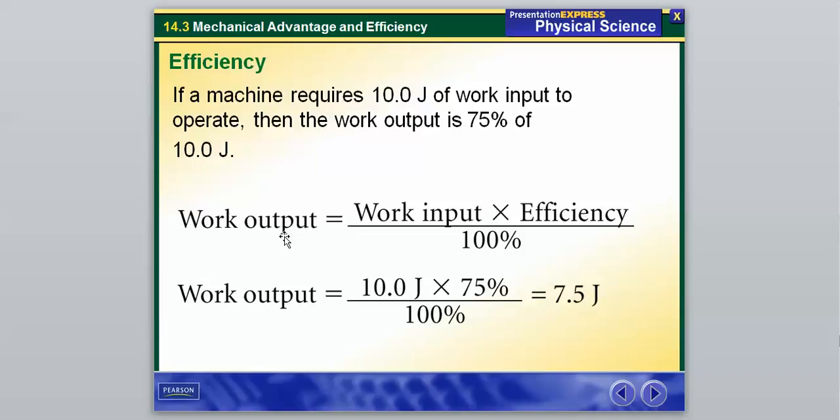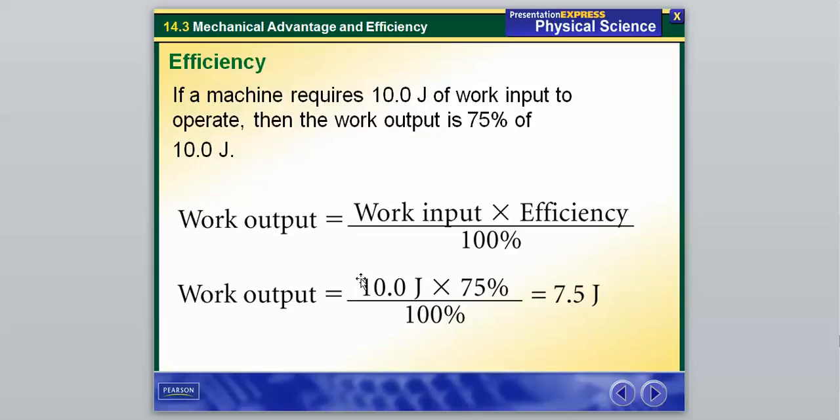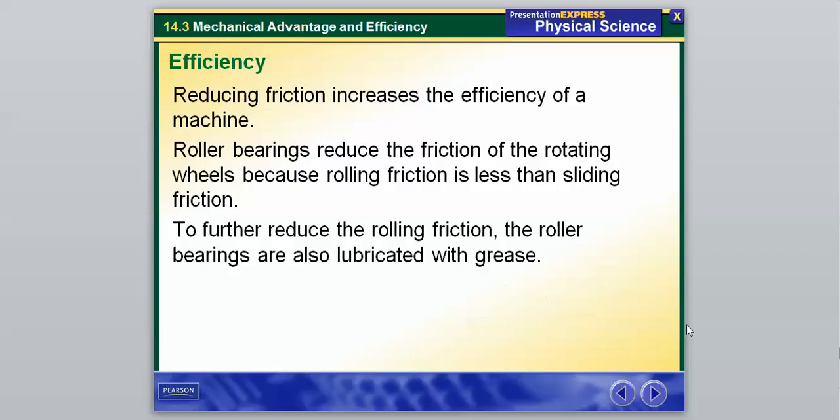So we can just solve right here. This equation is just a different variation of that one, and we can figure out that our work output is 7.5 joules. And we have some better examples in class that we will go over that make this a little easier to understand as well. So just know that efficiency, for now, is the percentage of the work input that becomes work output.